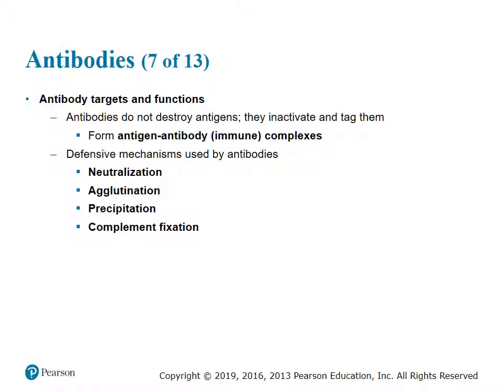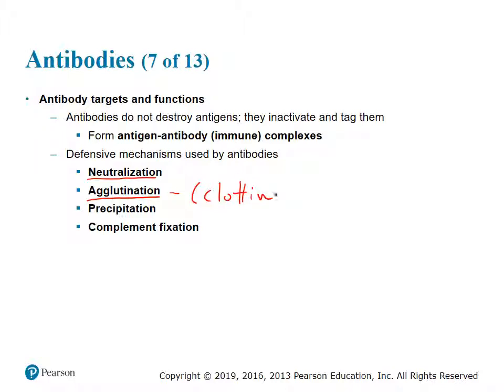Now I want to talk about their function though, what they do, and how they do it, basically. Antibodies can go through these processes. They can neutralize, and they can agglutinate, a fancy word.